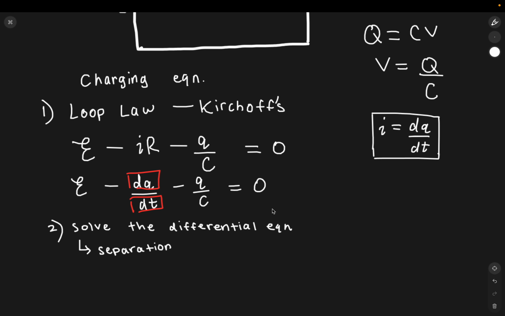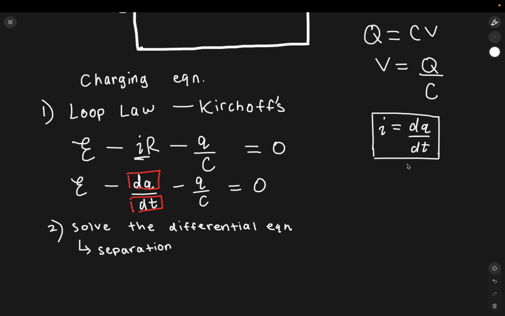Just to reiterate what a differential equation is, essentially it's the equation of the slope of a certain value. So we're solving for the charge. We want to find the equation that'll give us the total charge within the circuit. We need a differential equation because of our I here, which is defined using dq dt.